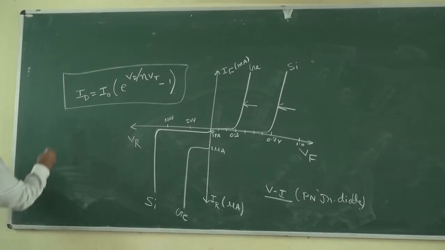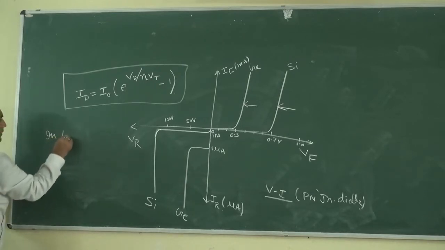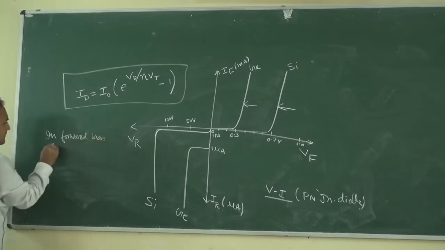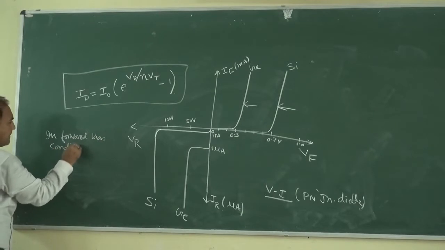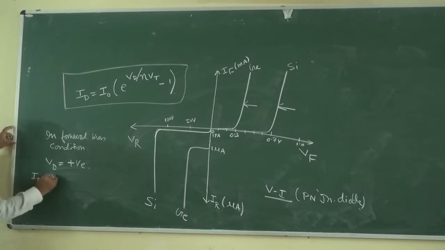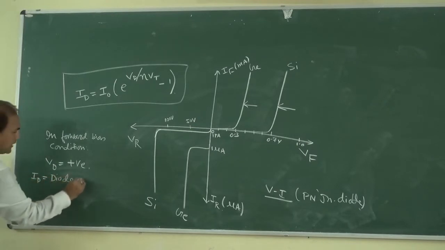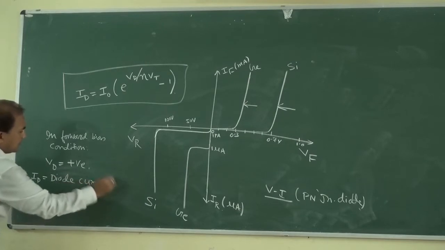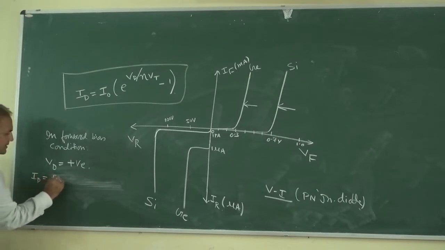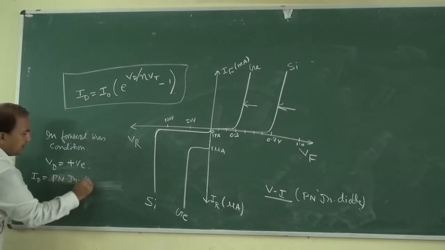So in forward bias condition, Vd is always positive. ID is the diode current, or you can write PN junction diode current.